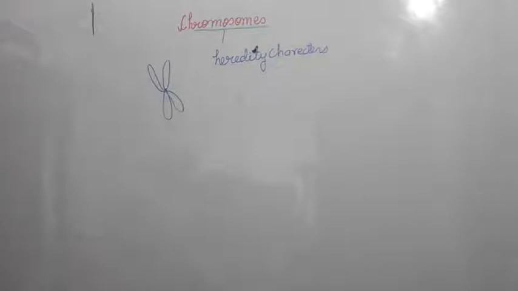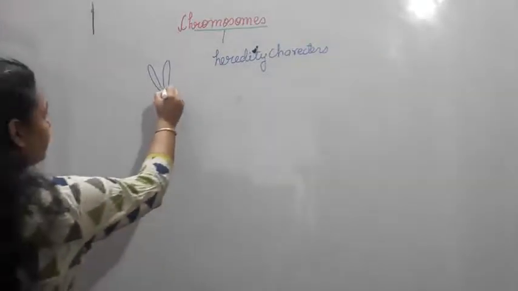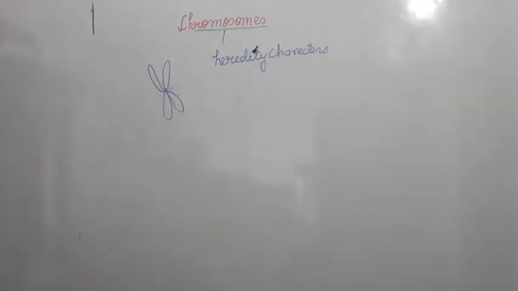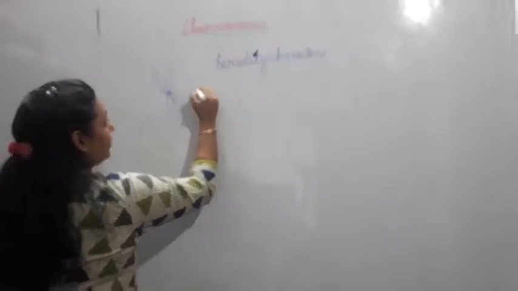Now let us see what are the different forms of this particular chromosome. Now this structure which you are watching is called the centromere. Okay, so this is the centromere.